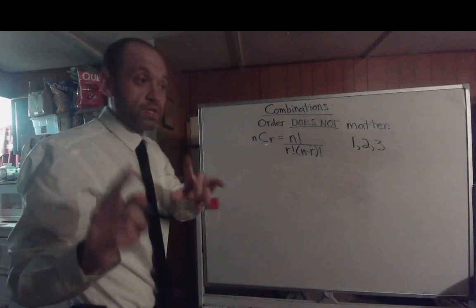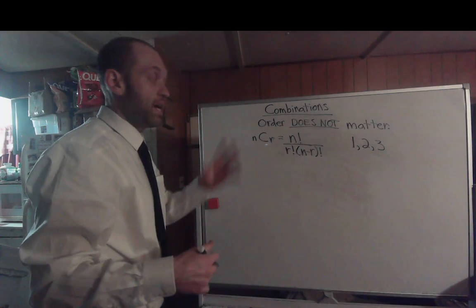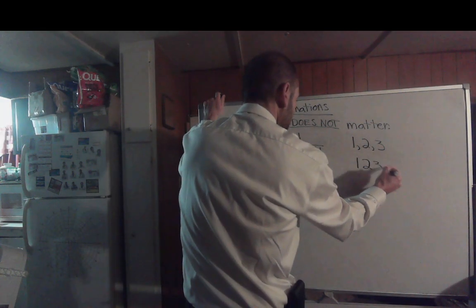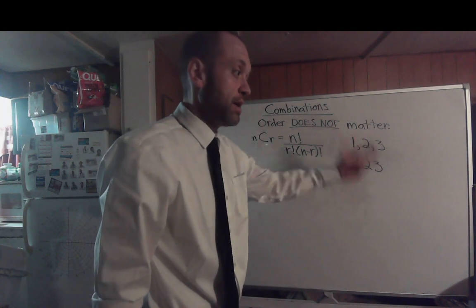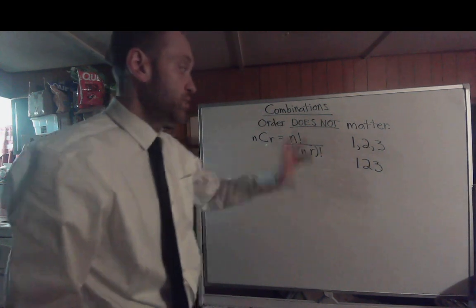Well, if the order doesn't matter, and if I'm going to take all 3 numbers at once, I could put them in any order. So let's just do the basic 1, 2, 3. That just leaves one combination, right? Because they could be in any order. There's your combination of numbers.